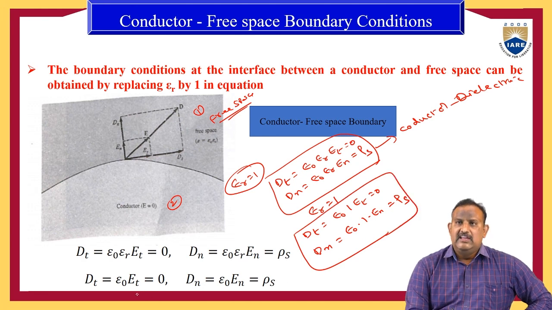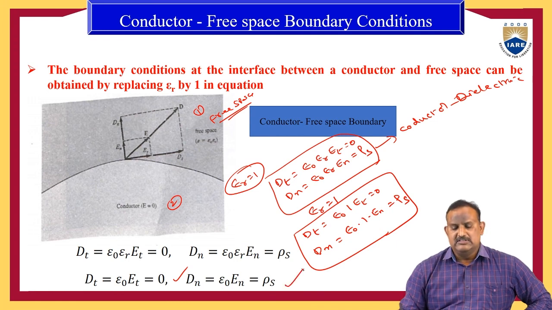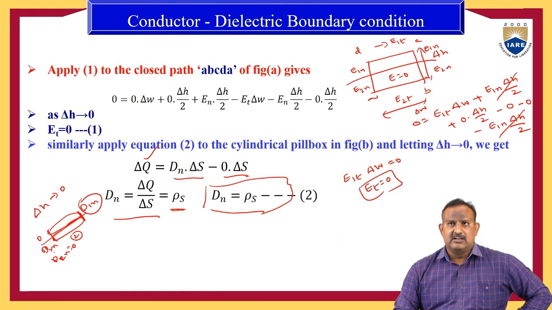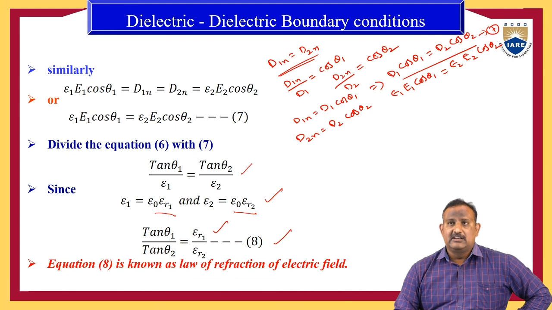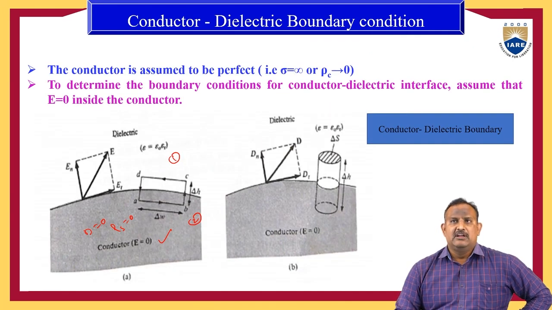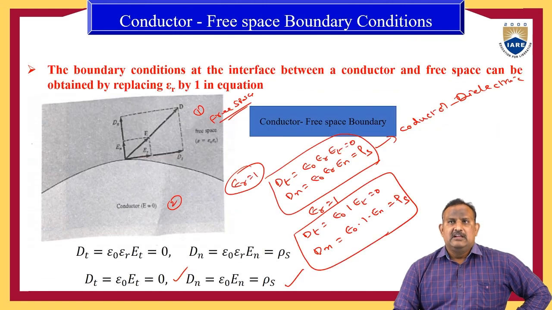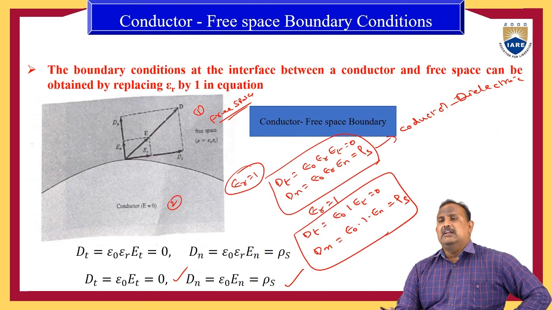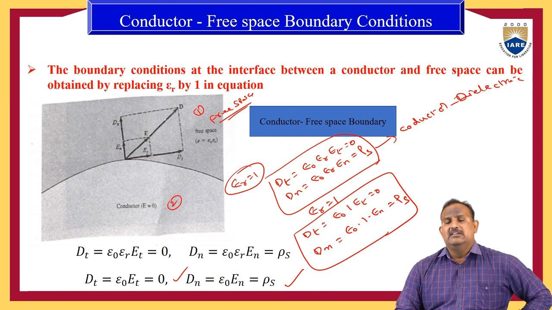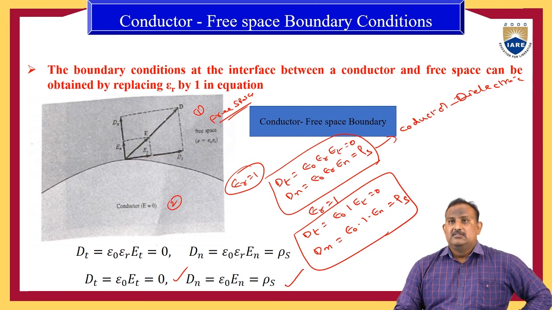So, this is about the boundary conditions. The first is the conductor boundary condition, the second is the conductor dielectric boundary condition, and the third is the conductor free space boundary condition. This is about the boundary conditions of the electric field intensity.